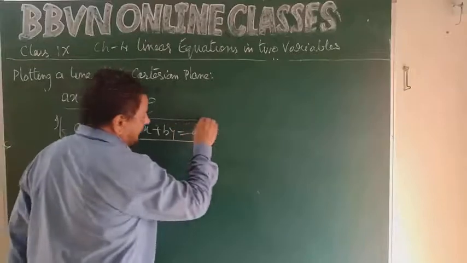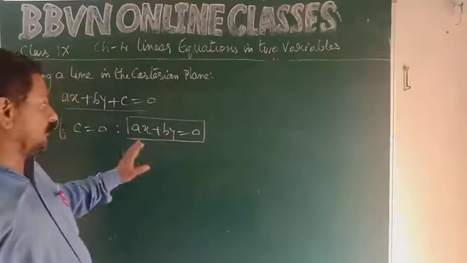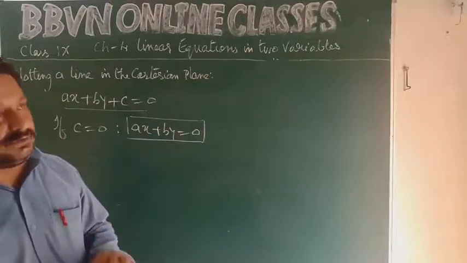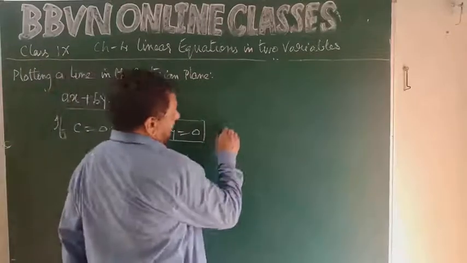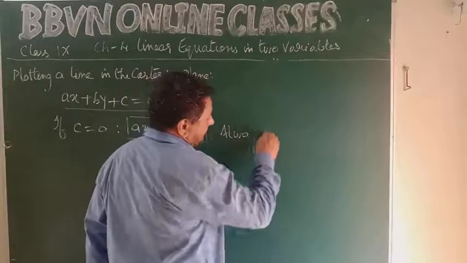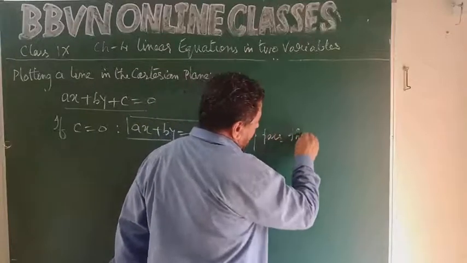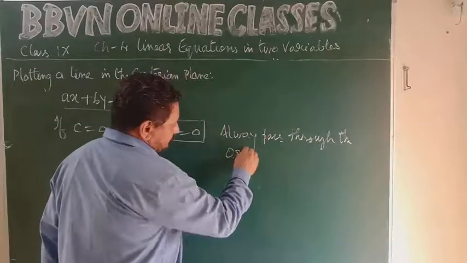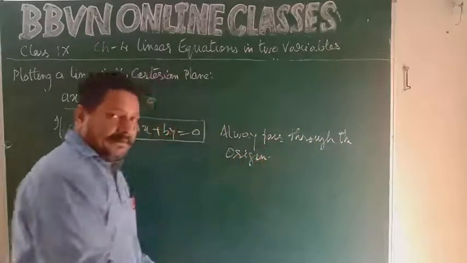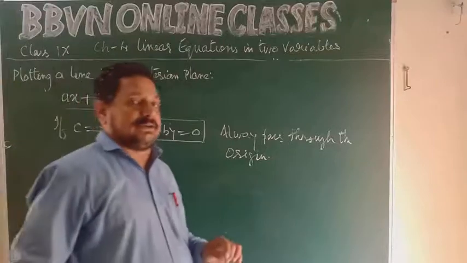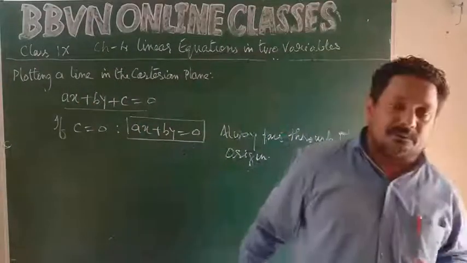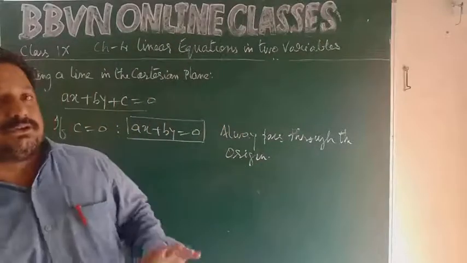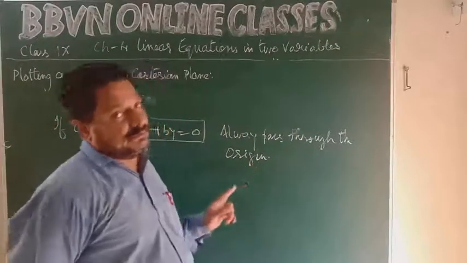Any linear equation in this form, where you have a term of x, you have a term of y, but you don't have a constant, such lines always pass through the origin. So this is for sure that the line will pass through the origin.